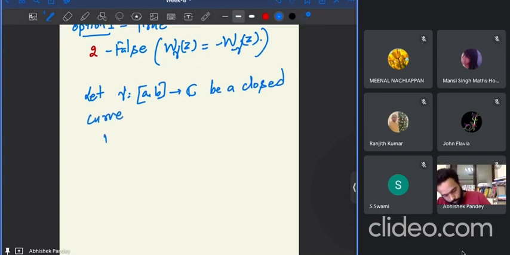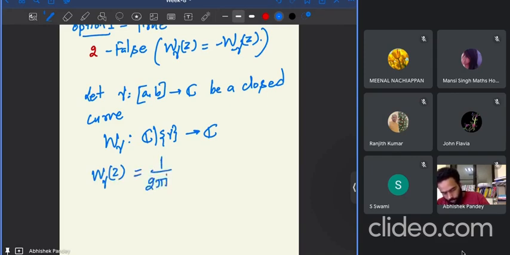So W of gamma is a function from C minus gamma to C, which is defined as W of gamma of z, and is nothing but 1 upon 2 pi i times the integral over gamma of d xi upon xi minus z.